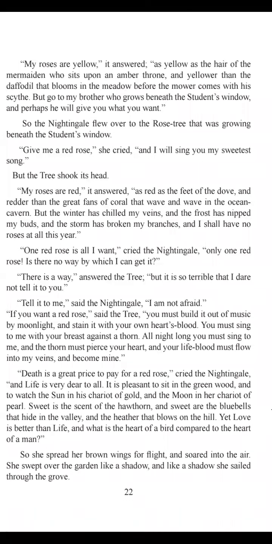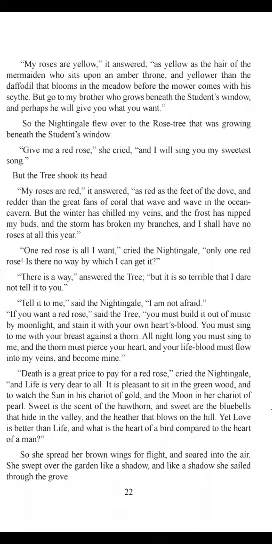She says, love is better than life, and what is the heart of a bird compared to the heart of a man? So you understand, a very prominent role is played by the nightingale in the conflict of this whole plot. So that red plant is telling the nightingale, if you want a rose flower, you have to make it from your own blood.